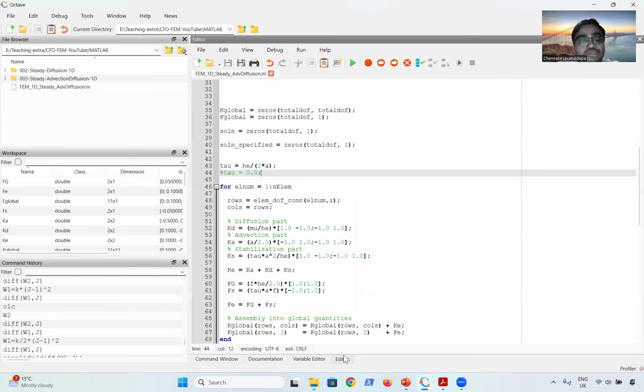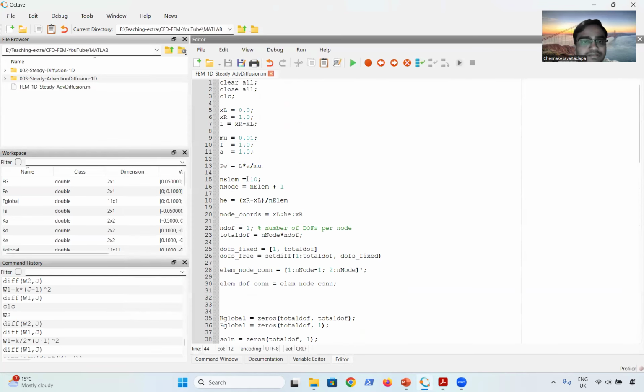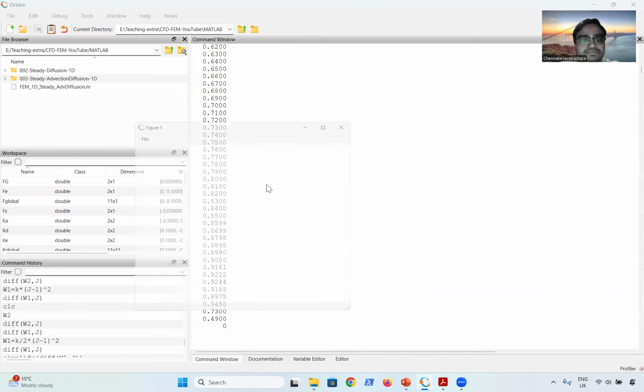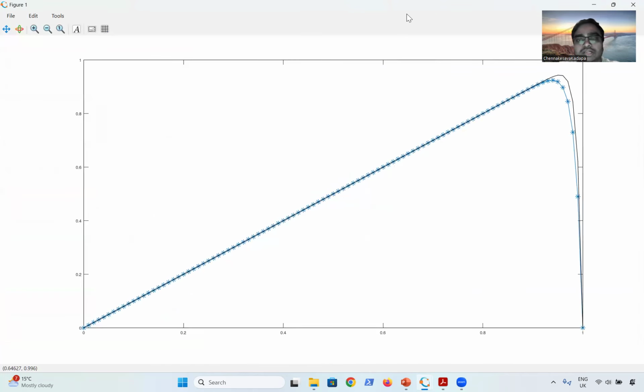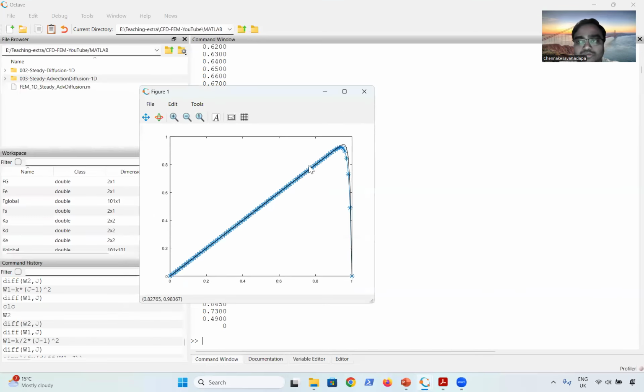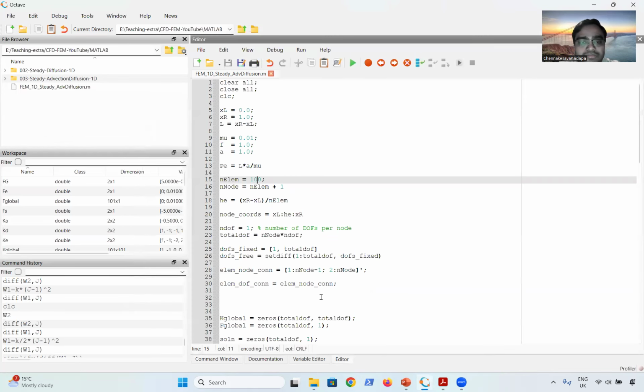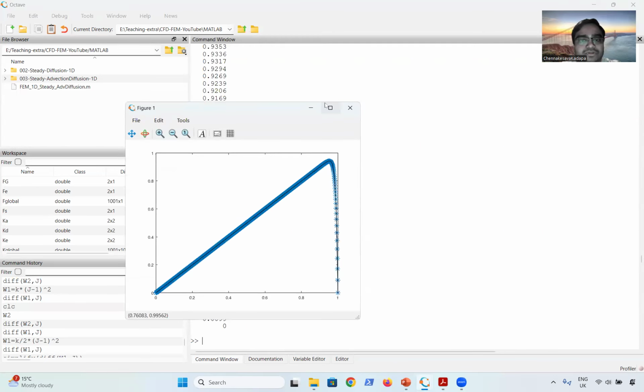Now, our solution should improve as we refine the mesh. Let's say 100 elements. So the solution has improved, but it is still not accurate. That means we need to use more and more elements. So 1000 elements.